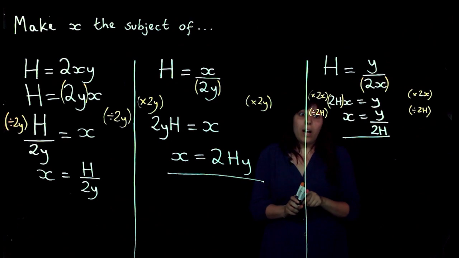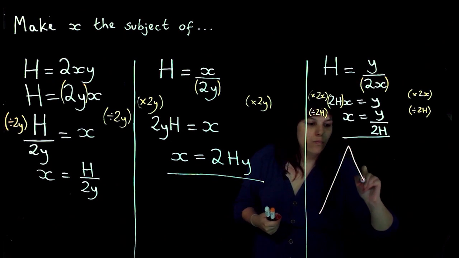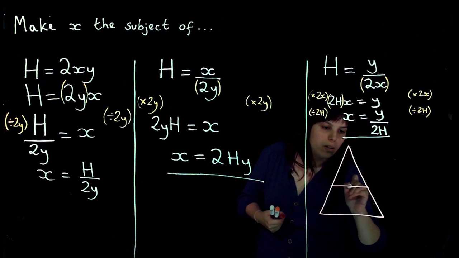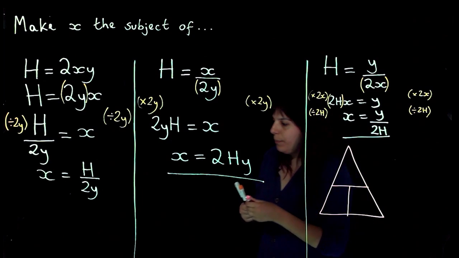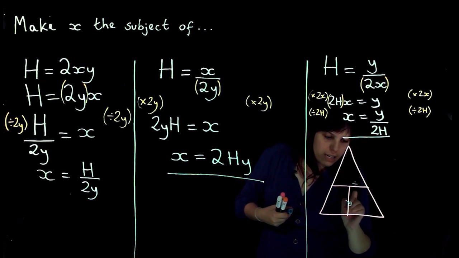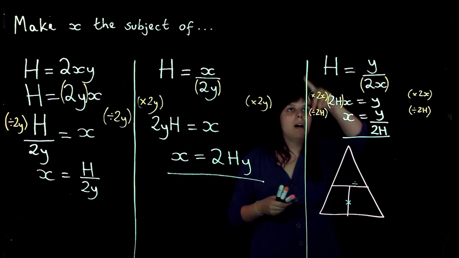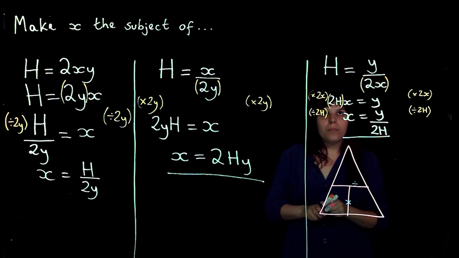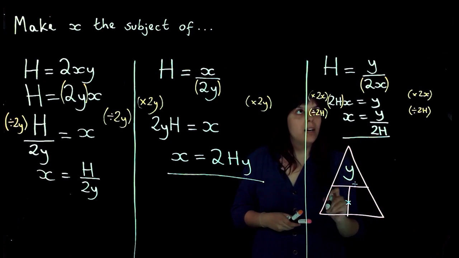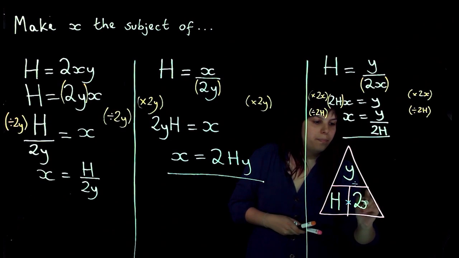Now I'm going to show you my other way of doing it, and it's really easy if you use this method. So I'm going to draw my rearranging triangle. Remember, this horizontal line means divide and the vertical line means times. So I'm going to go back to my question and I'm going to put in the top bit, the numerator, h, and we've got 2x.